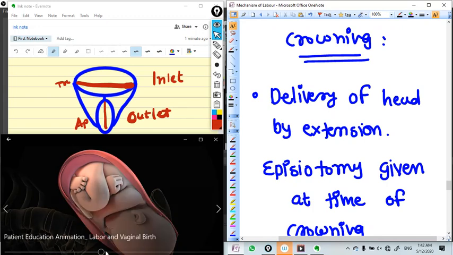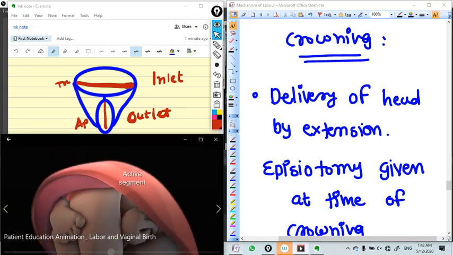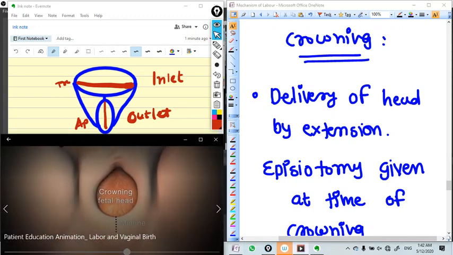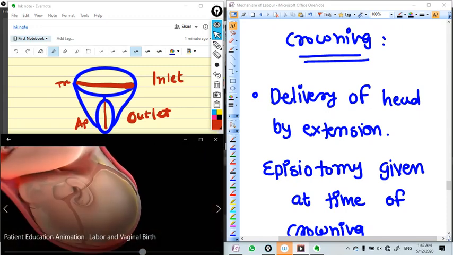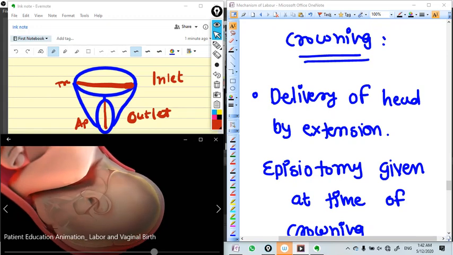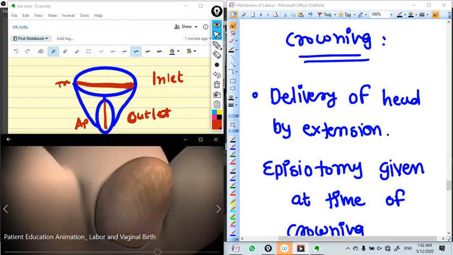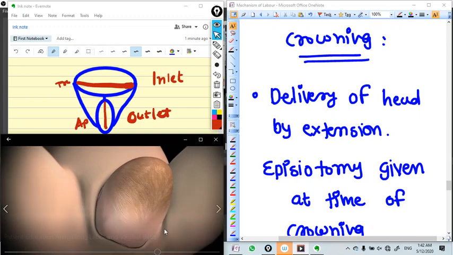That is called crowning. See here, this is how crowning happens. See, the fetal head actually stretches the vulva. Okay. Episiotomy is given at the time of crowning, only if it is needed. Okay.